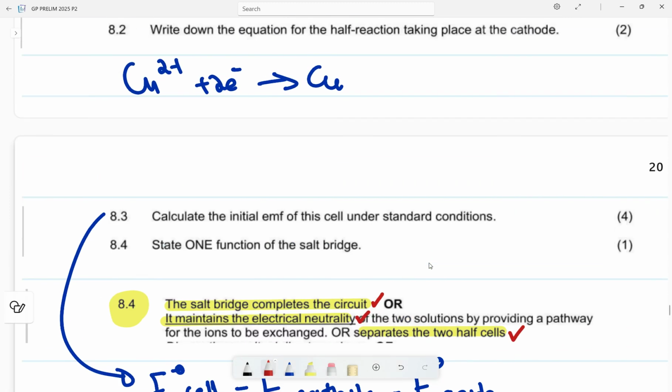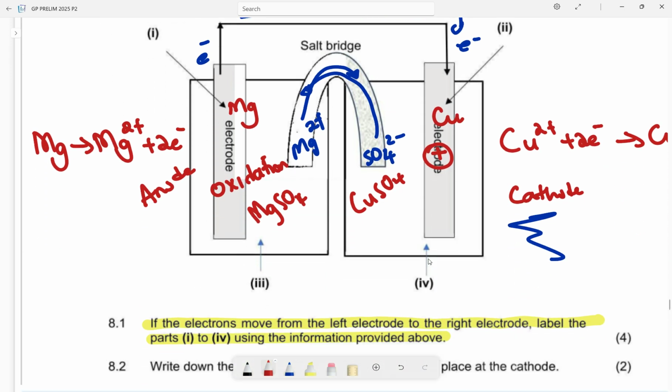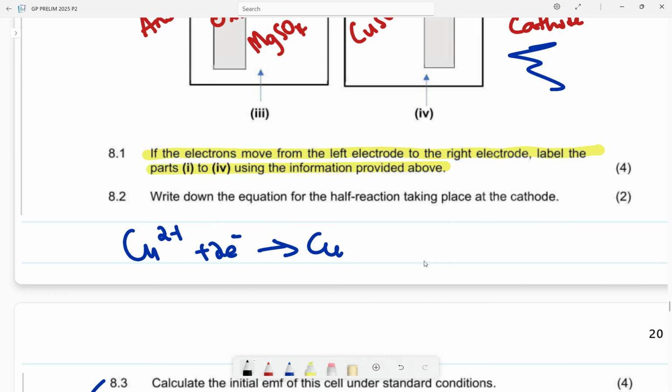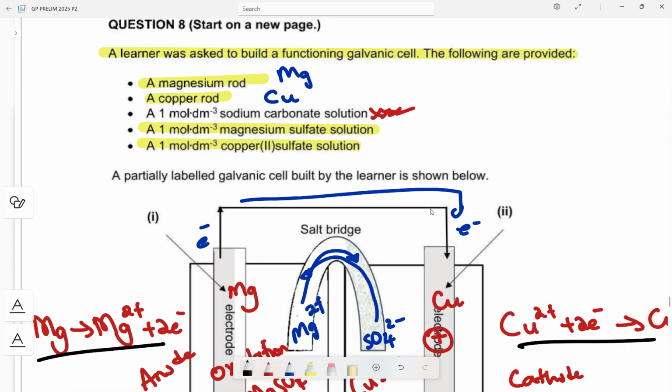So you're going to add this to this one again. Mg2+ plus 2 electrons. I think I'm making a mistake here.